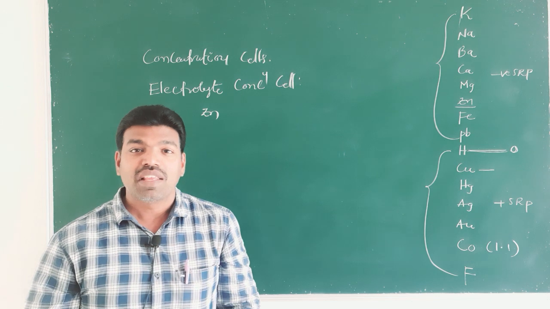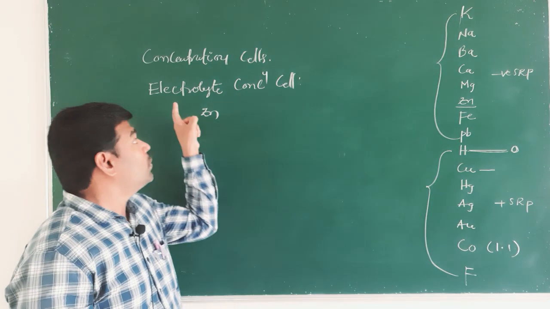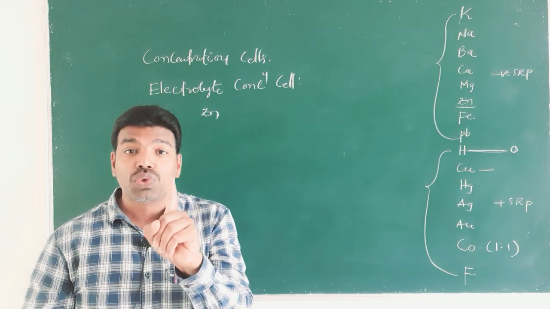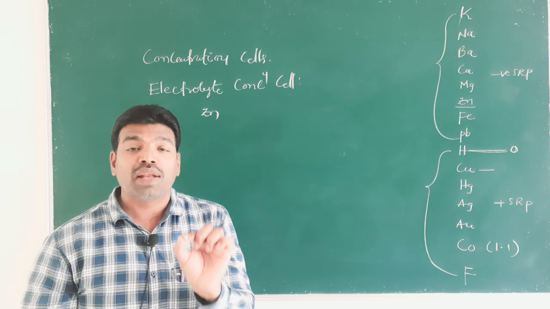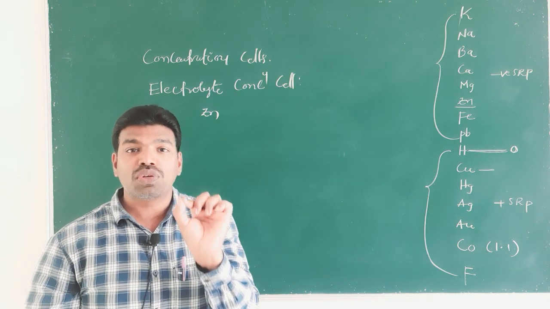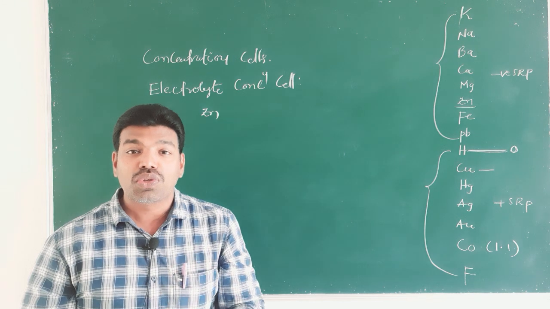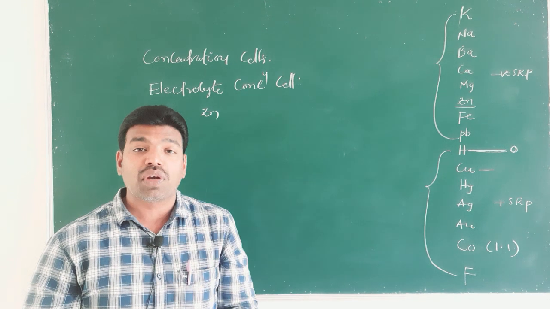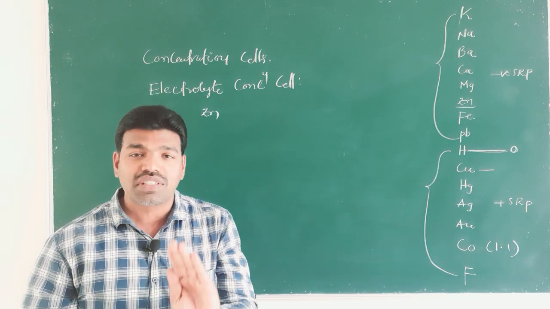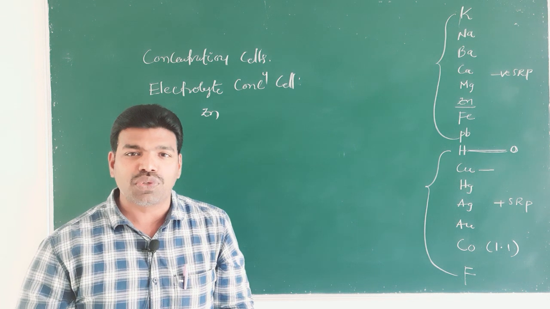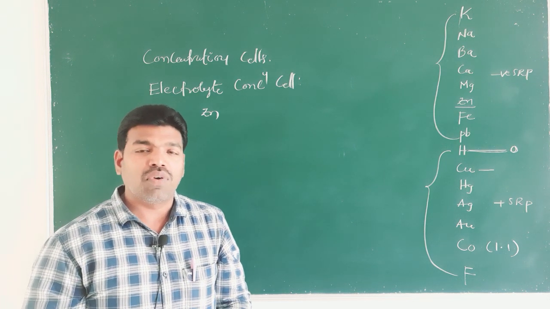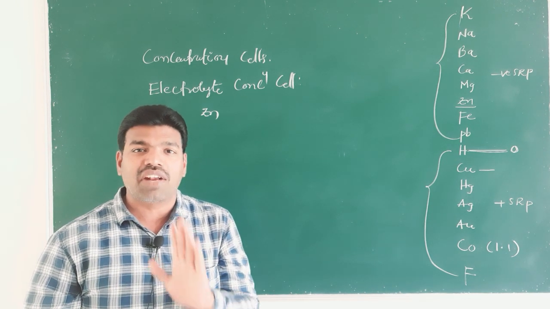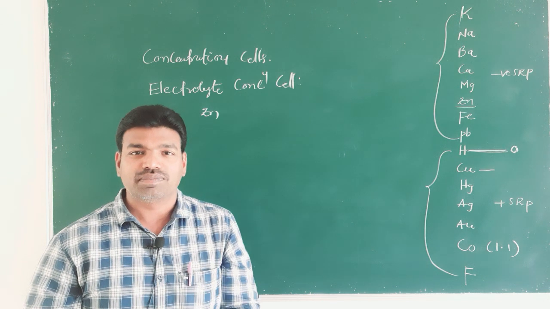I repeat, in electrolyte concentration cells, electrical energy is produced due to the diffusion of electrolyte from a solution of high concentration to a solution of low concentration. Therefore, whenever the two electrolyte concentrations become equal, cell potential is 0.